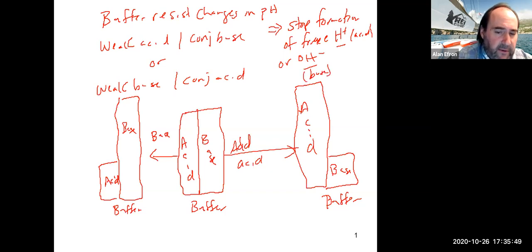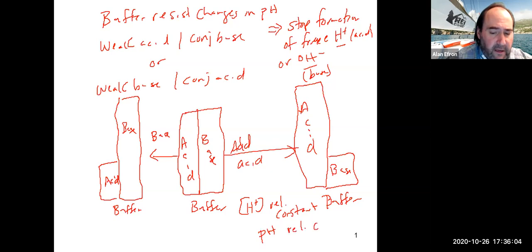By preventing either of those from forming, it keeps the H+ concentration relatively constant. Wherever it started, it remains relatively constant, and thus it keeps the pH relatively constant.